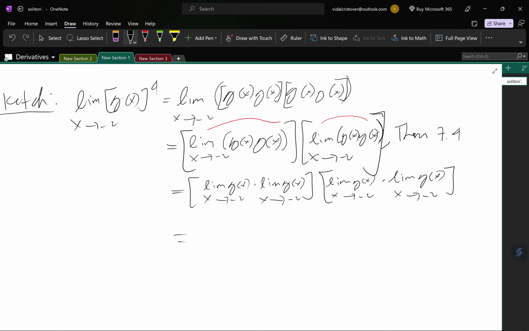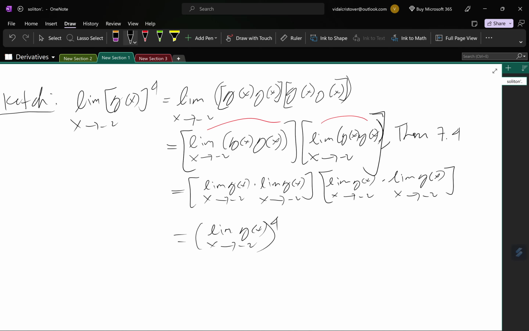So in fact, imong gi-multiply ang limit ni g of x as x approaches negative 2 to itself 4 times. So this is equal to the limit of g of x as x approaches negative 2 raised to the power of 4.